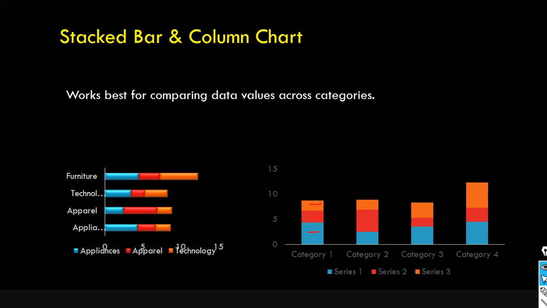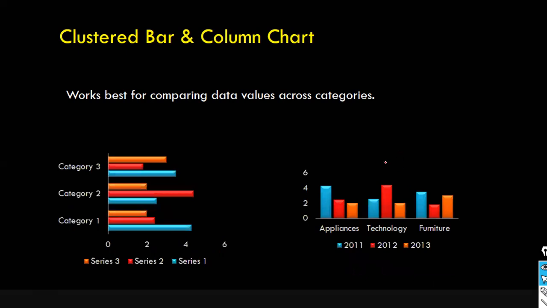So this is the difference between the stacked chart and the clustered column chart. This is your clustered column chart as well as clustered bar chart. Here you can see three different years of sales, for example 2011, 2012, and 2013, and each year is considered a category.